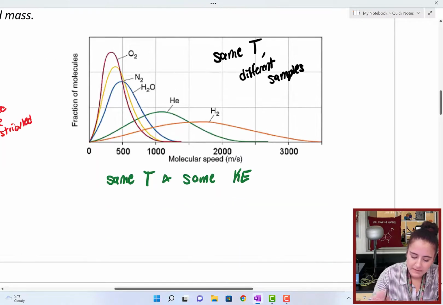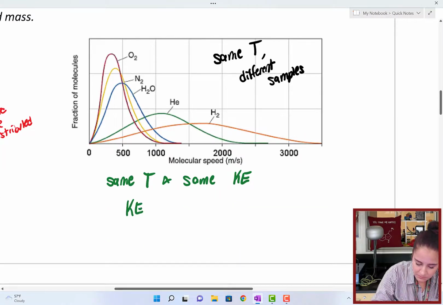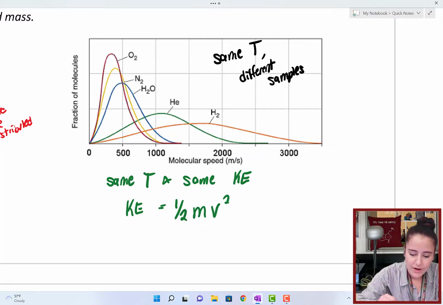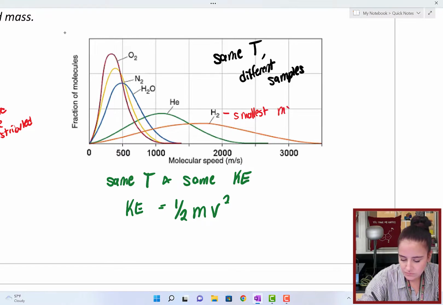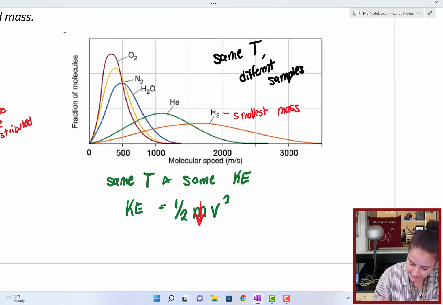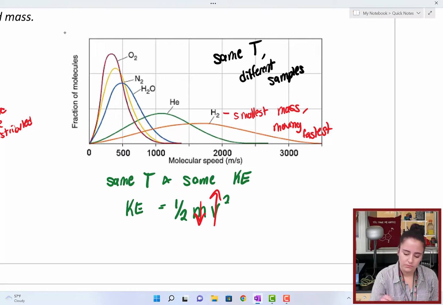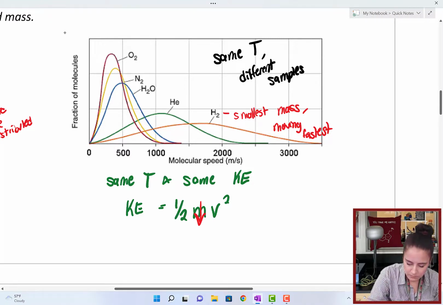But kinetic energy is 1/2 mv squared. So since hydrogen has the smallest mass, it will be moving the fastest.